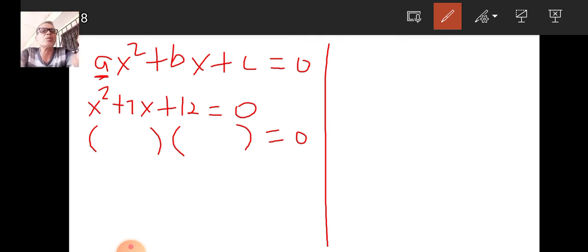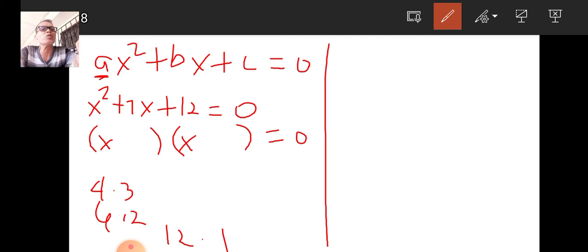So the factors of x squared is x times x. Now, the factors of 12, you can have 4 times 3, 6 times 2, and 12 times 1. Since a is 1, you are going to take the factors of 12.